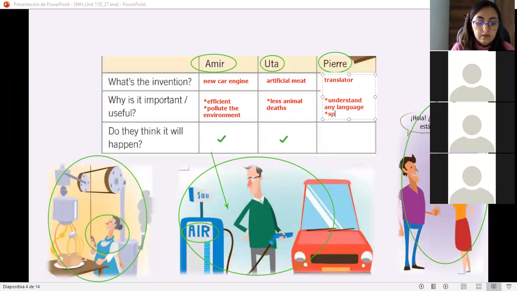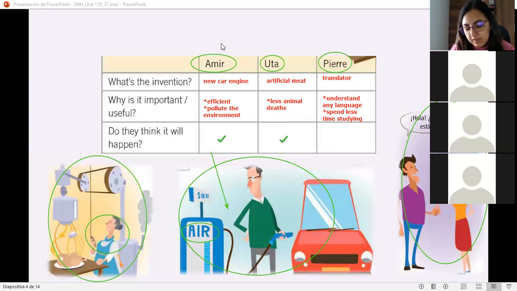You're going to spend less time studying, right? So now, can you tell me, do you think this will happen or won't happen? What does Pierre say? ¿Qué piensa Pierre? ¿Qué nos dice Pierre? ¿Será que va a pasar esto del traductor o no?